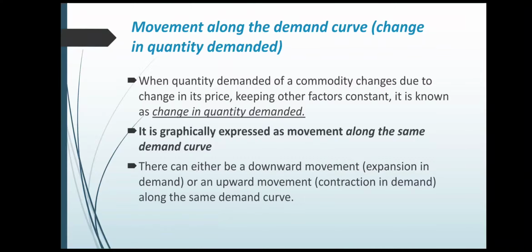So there can either be a downward movement, that is expansion in demand. Whenever there is a downward movement, it shows an expansion in demand, or an upward movement, which is contraction in demand, along the same demand curve. It is very important, only one demand curve is to be made.